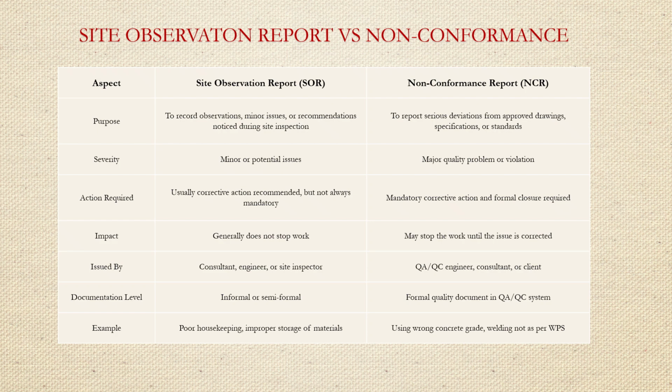Documentation level for SOR is informal or semi-formal, while for NCR it is a formal quality document in the QA/QC system. Examples will be shared and discussed in the next slide, but here just a simple example of a site observation is poor housekeeping, improper storage of materials. An NCR example is using wrong concrete grades, welding not as per WPS.